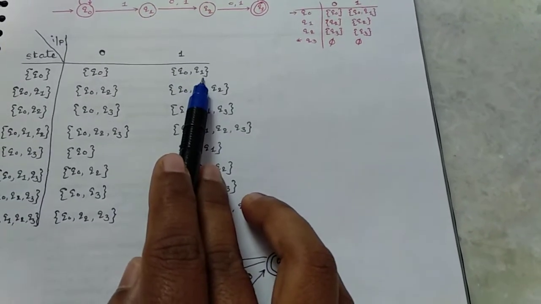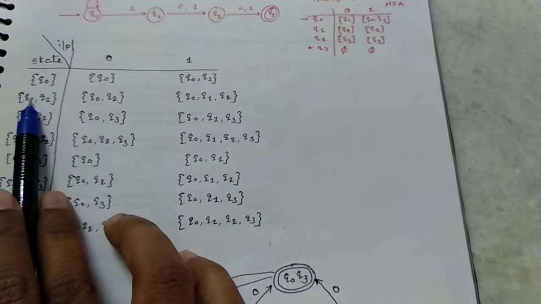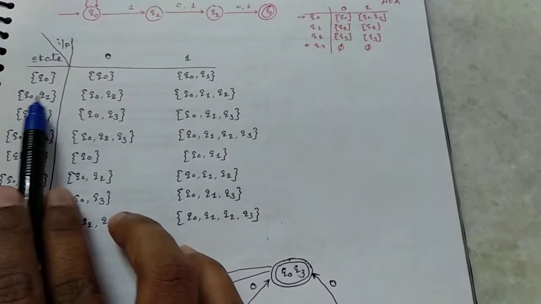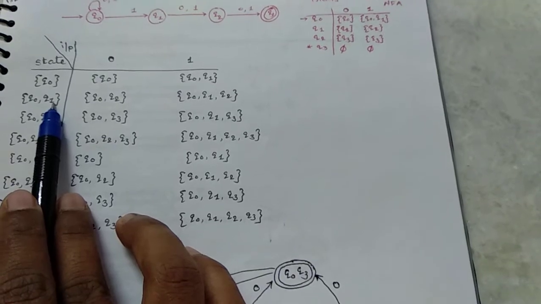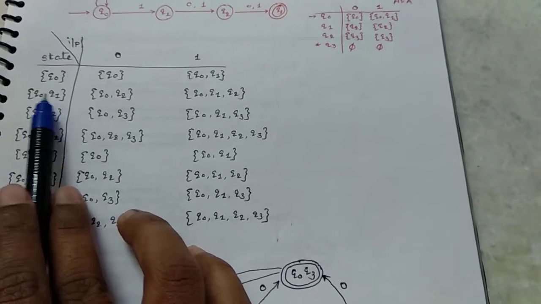Here Q0, Q1 is a new state, so consider it as an input state. Now Q0, Q1 is your input state, so find the 0 and 1 transitions from this state.